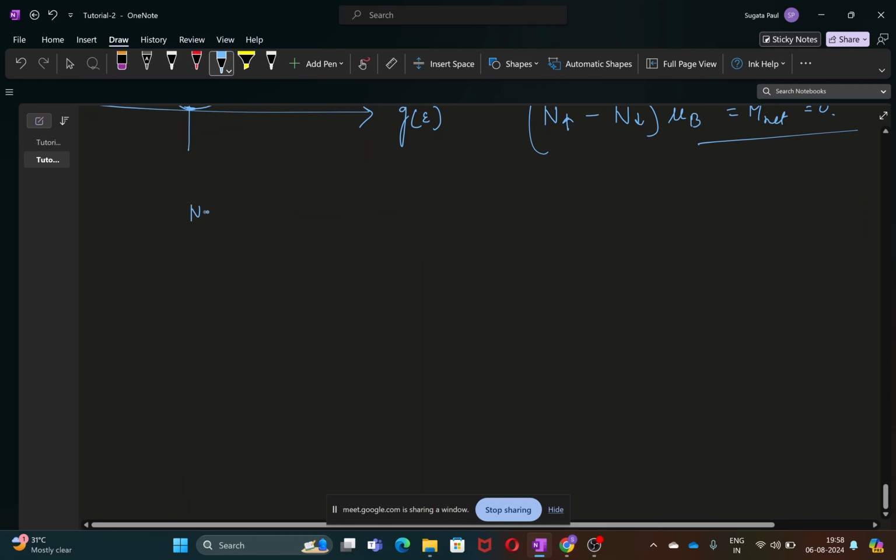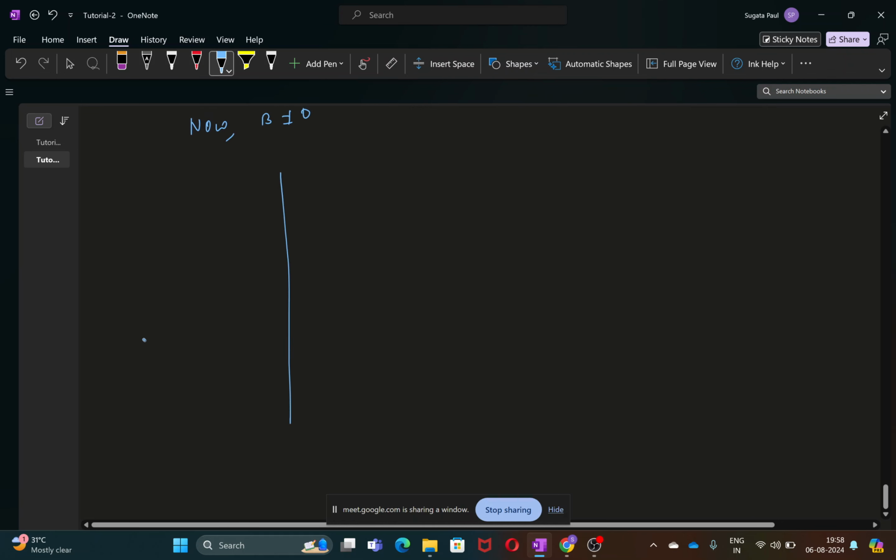Now if we apply a magnetic field, that is B not equal to 0, how will the energy levels get shifted? First of all, initially with B equal to 0, there was a picture like this with this Fermi level.